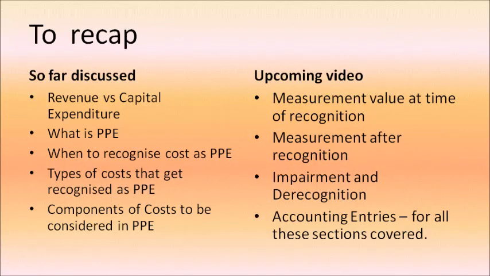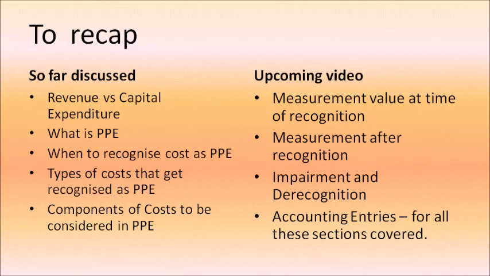To quickly recap on whatever we have seen so far. First, we saw the distinction between revenue and capital expenditure, as I reiterated that it's very essential in order to understand what is property, plant and equipment. Next, we learned when to recognize a particular cost as property, plant and equipment.